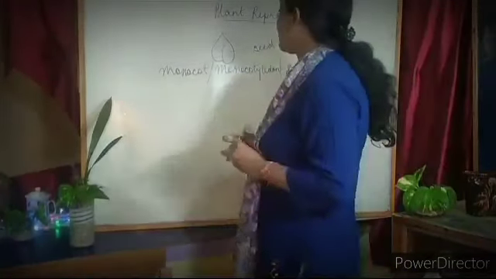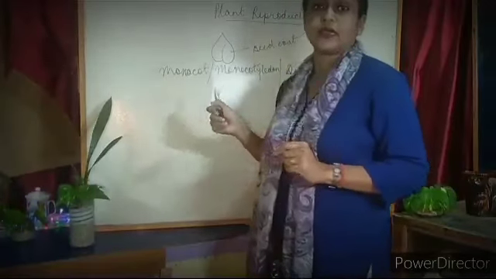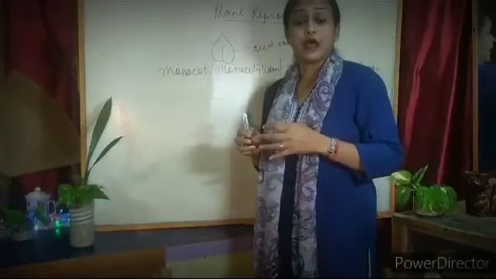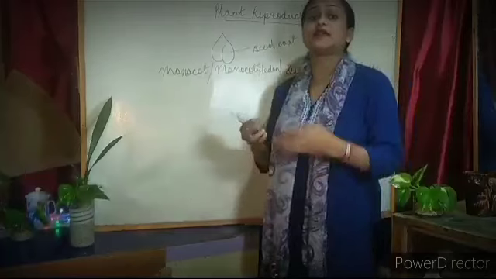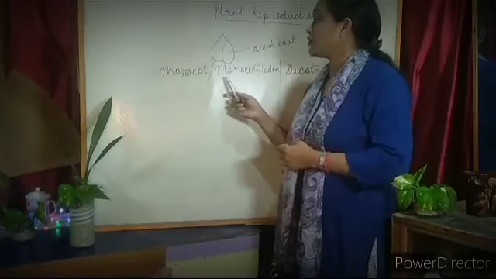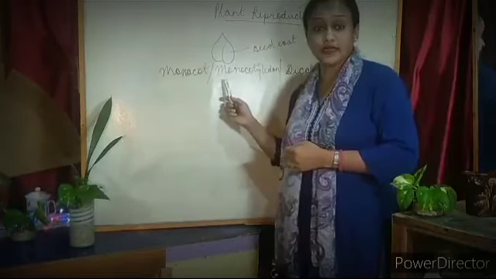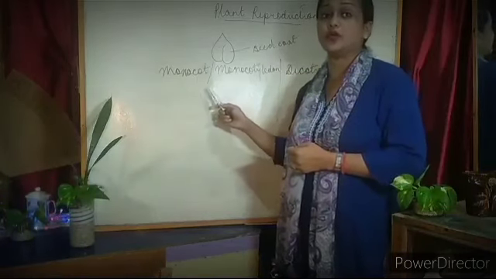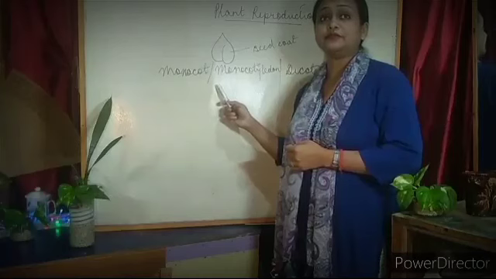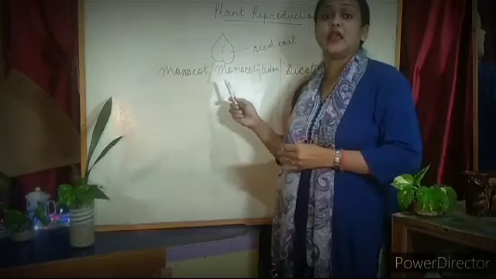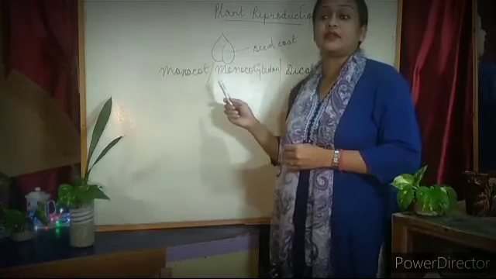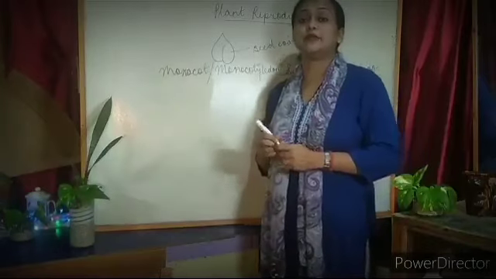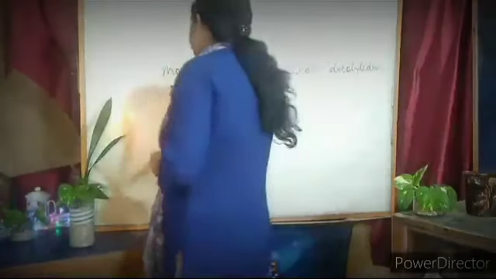When we are talking about monocotyledons, the plants which bear seeds which have one cotyledon are called monocotyledon plants or monocot. For example, wheat, maize, then paddy, all these are examples of monocot plants.